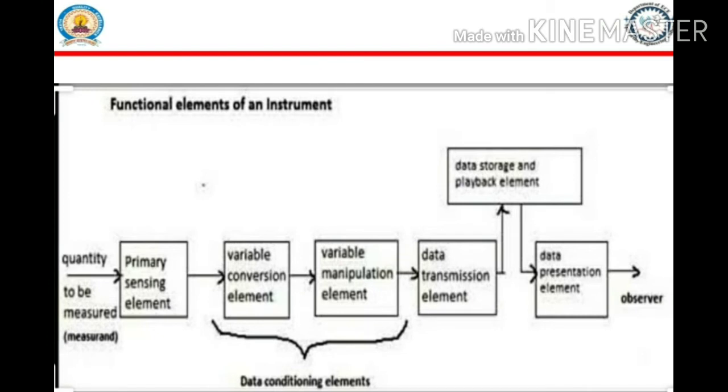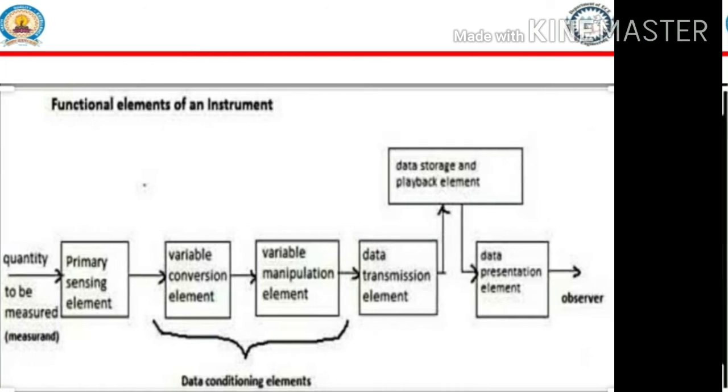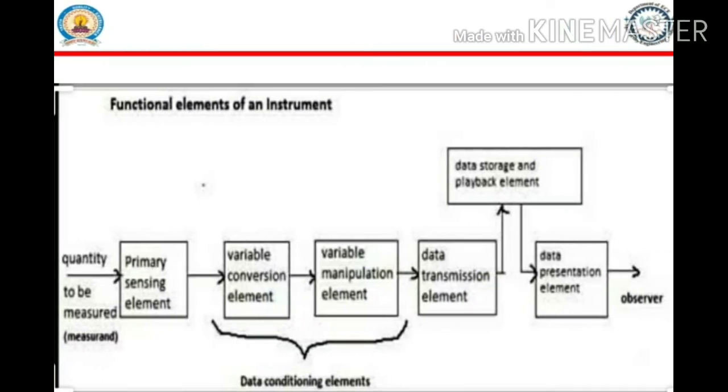So after doing the variable conversion, now the converted variable is to be processed in such a way that after doing the conversion manipulation, the results will be successfully conveyed, and whatever the variable quantity is there, it directly conveys the primary quantity which is under measurement.